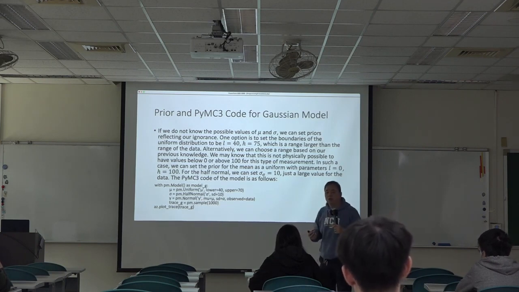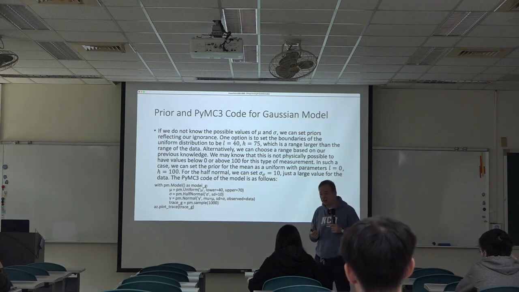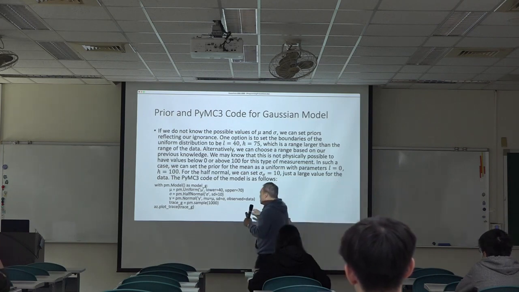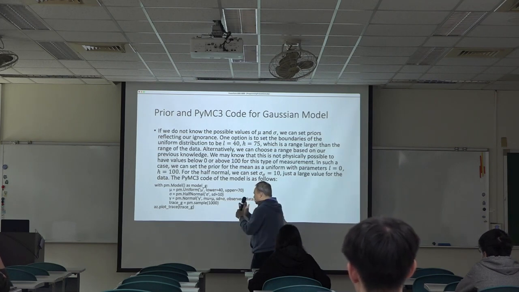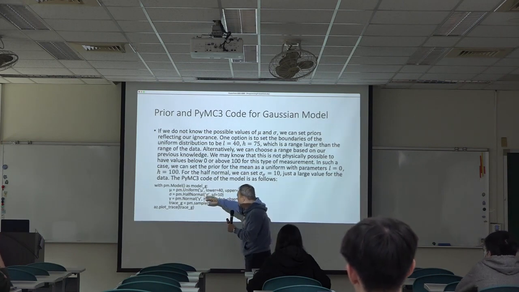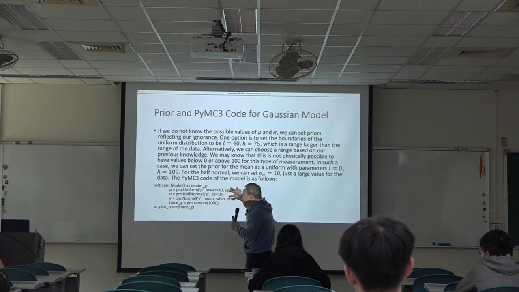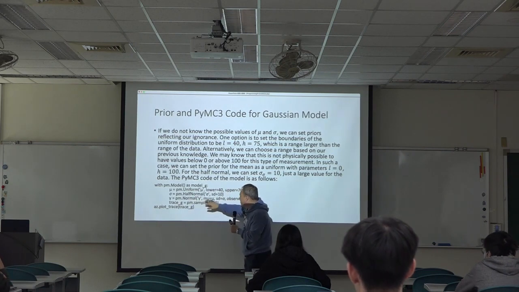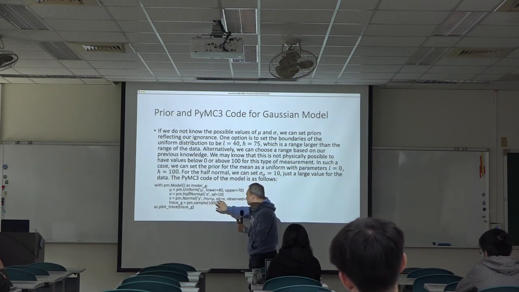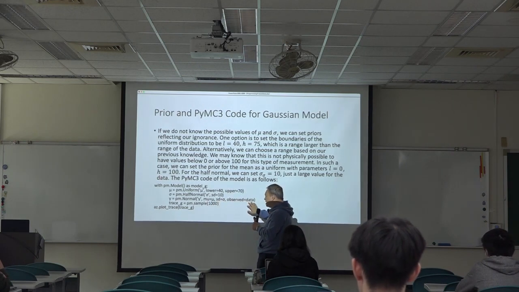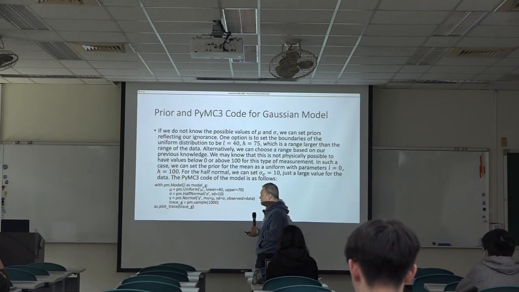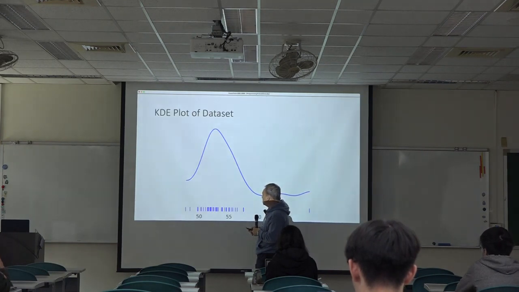If you don't know a good value, you can set it even larger, so as not to restrict it to a smaller range. Then, with mu and the standard deviation sigma, you specify observed equal to data. The data is what you loaded from a particular file, here.